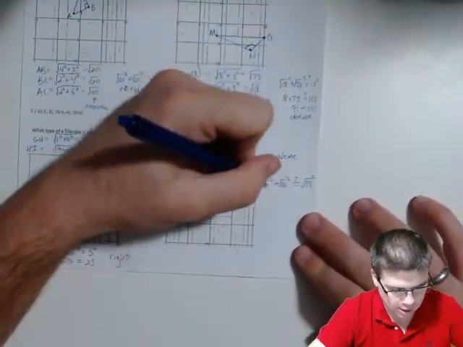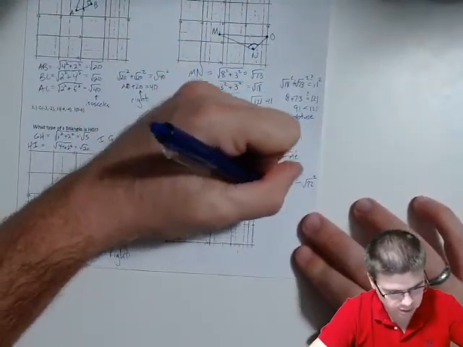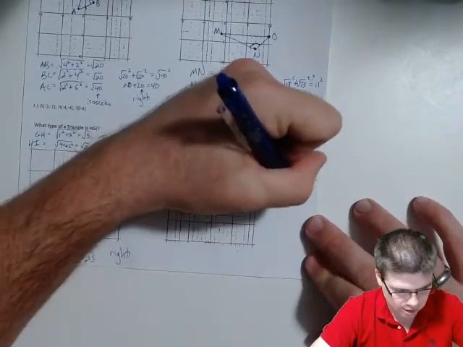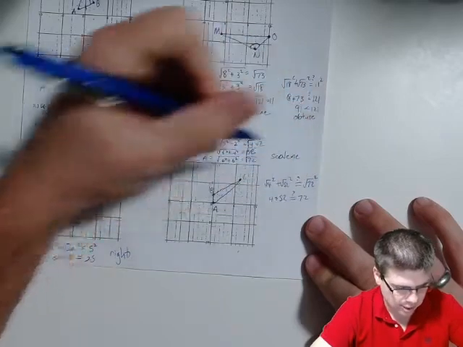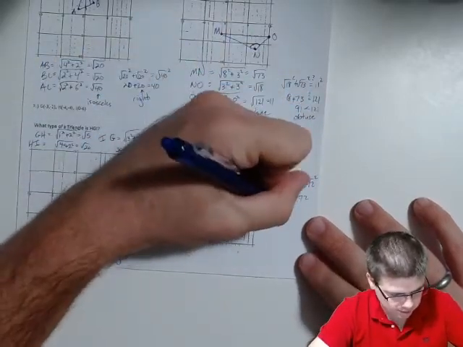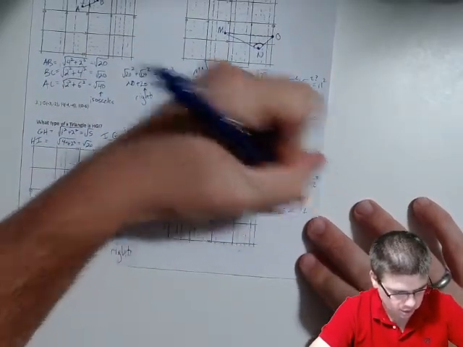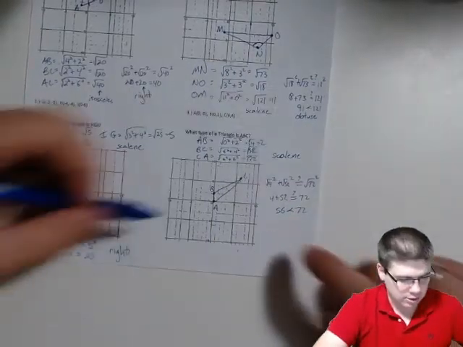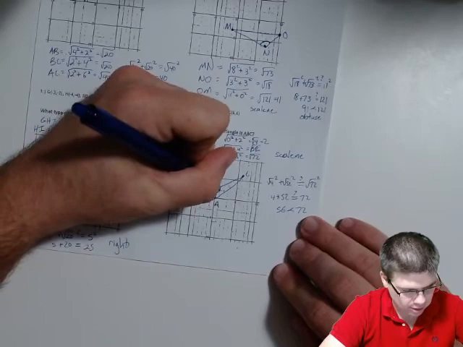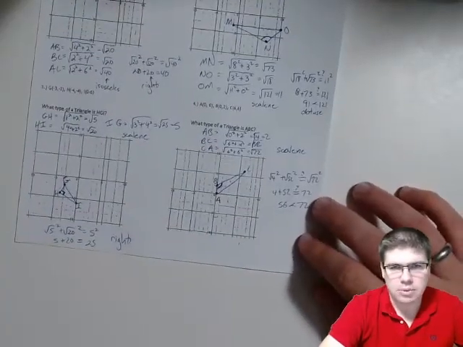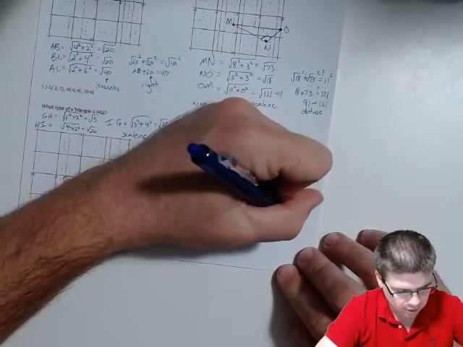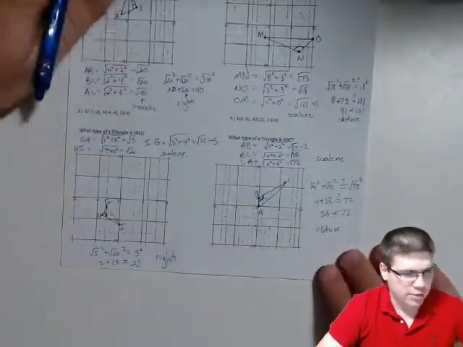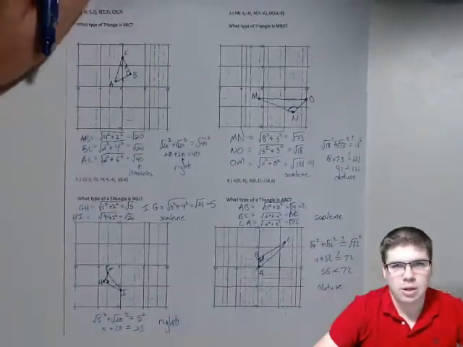So no, this is going to be 4 plus 52, which is 56, not equal to 72. It is less than 72. Our prospective hypotenuse in this situation, AC, was too long. So that means that this angle here was obtuse. So we are dealing with an obtuse triangle once again. So there is some check-in for what type of triangle you're dealing with in the coordinate plane.